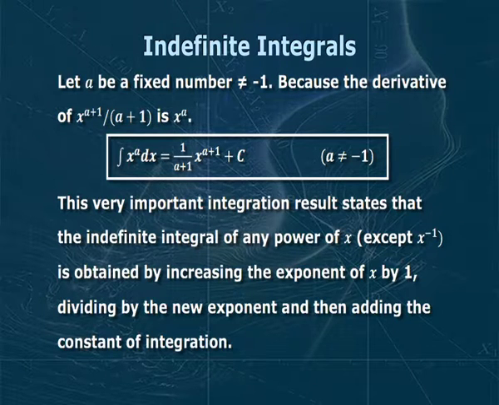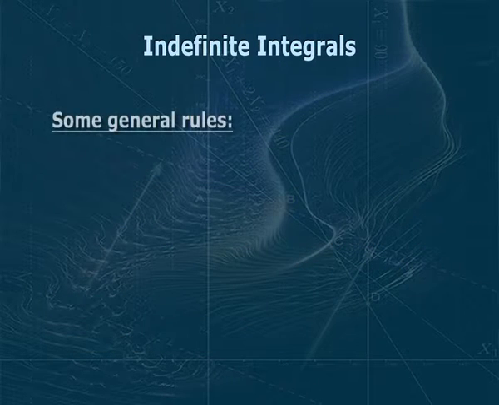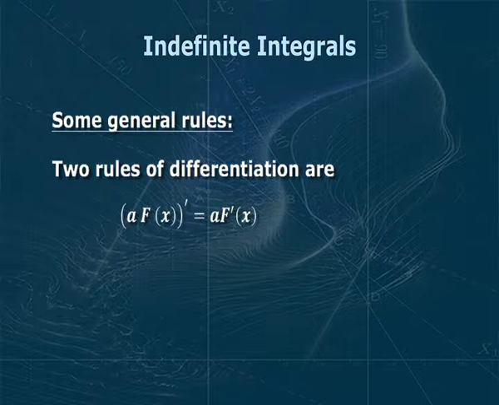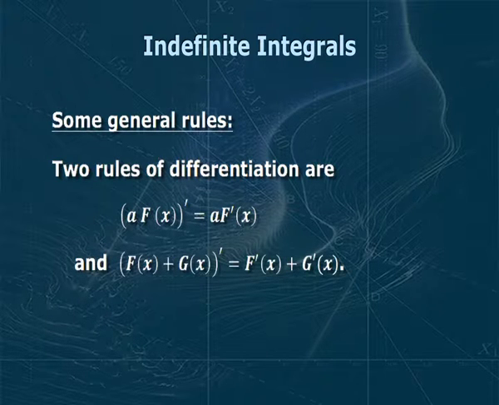Now friends, let us have a look at some general rules. Two rules of differentiation are: differentiation of a f of x is equal to a times differentiation of f of x, and differentiation of f of x plus g of x is equal to differentiation of f of x plus differentiation of g of x.